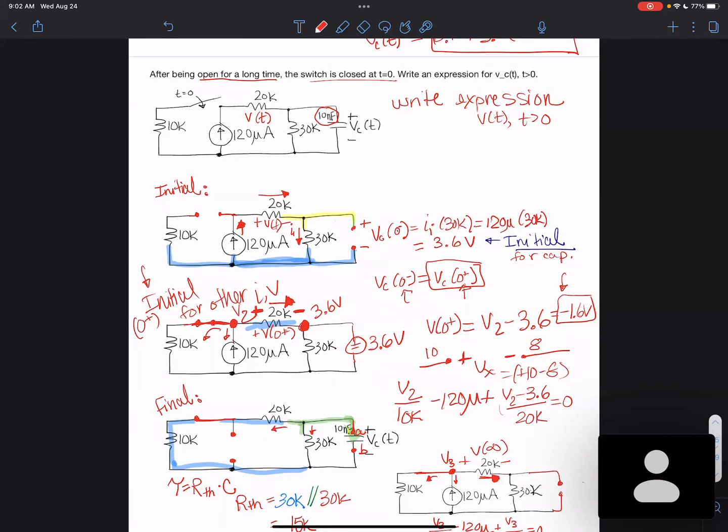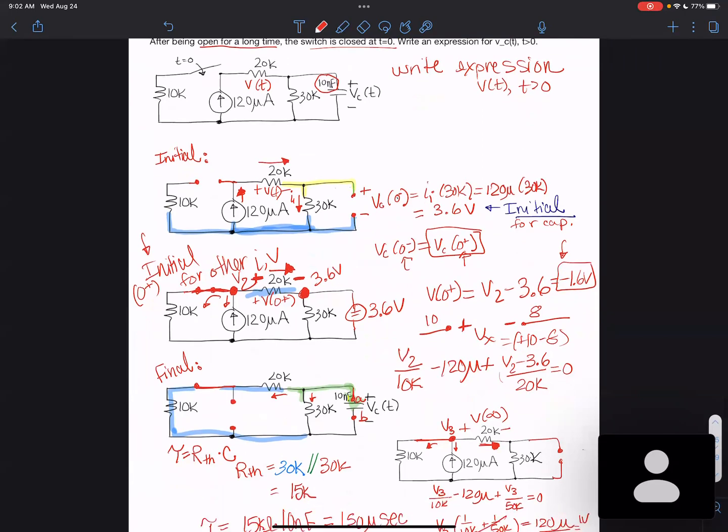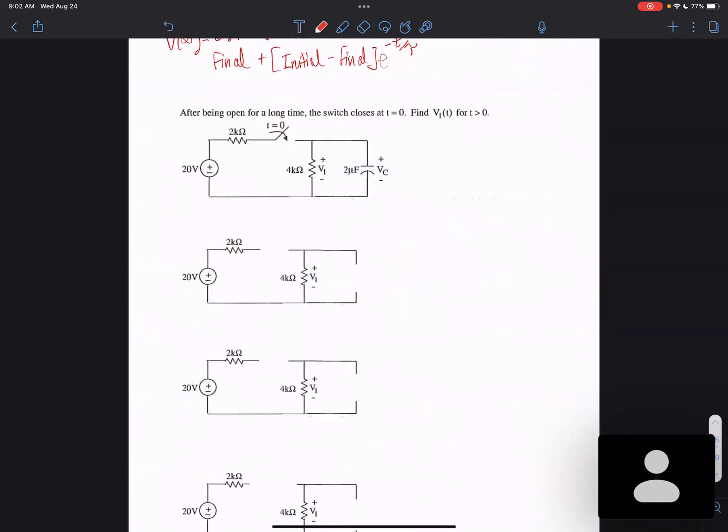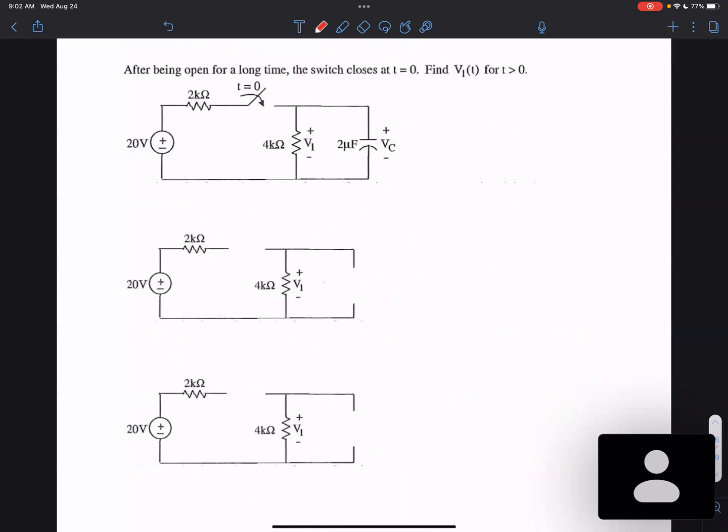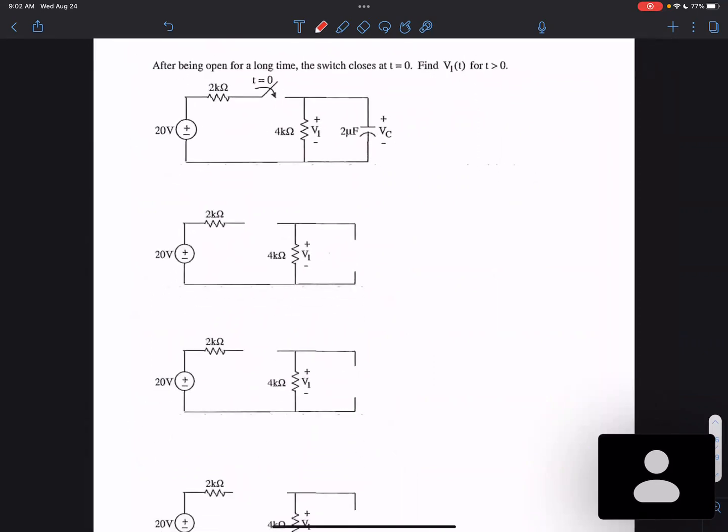All right, any other questions? Okay, you guys are going to work in small groups and try to come up with the equation for V1 of t here. So again, introduce yourselves to your neighbors.